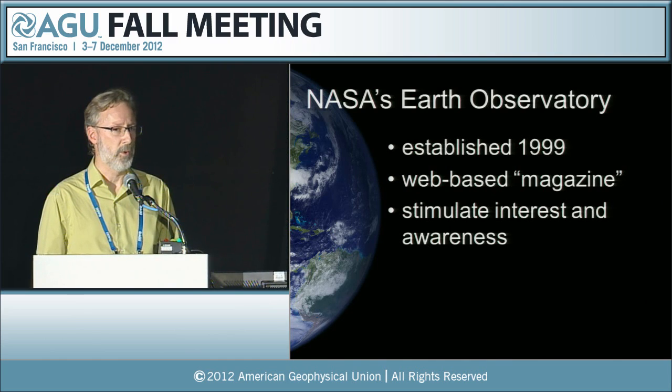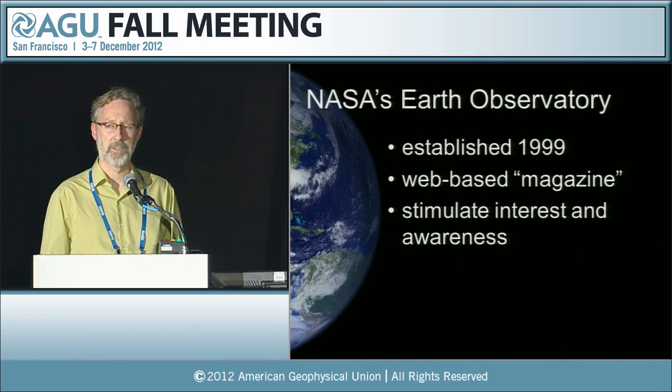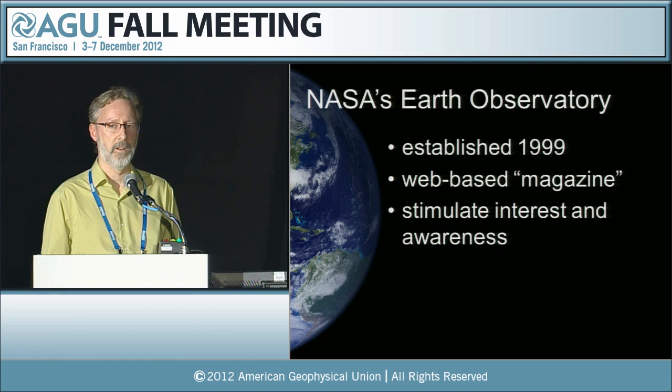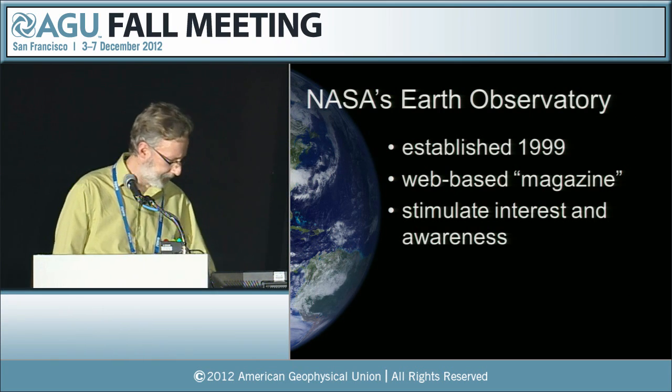At that time, there was not a single point of information for the background science topics related to the instruments, how they were going to be used, et cetera. It was the impetus to provide that resource that led us to develop the site. Our goal is to stimulate interest and awareness in NASA products, NASA science, and NASA imagery.